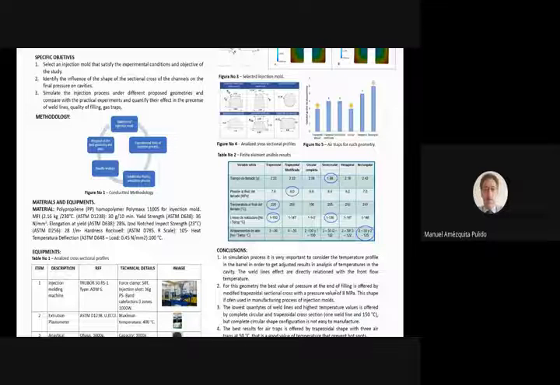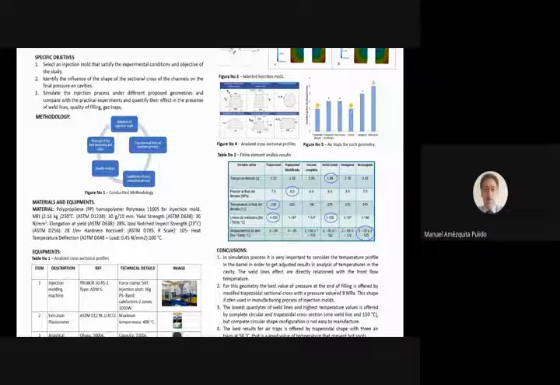Weld lines, number of weld lines, and temperature: the best results were offered by semicircular geometry and trapezoidal geometry with one weld line at a temperature of 150 degrees.